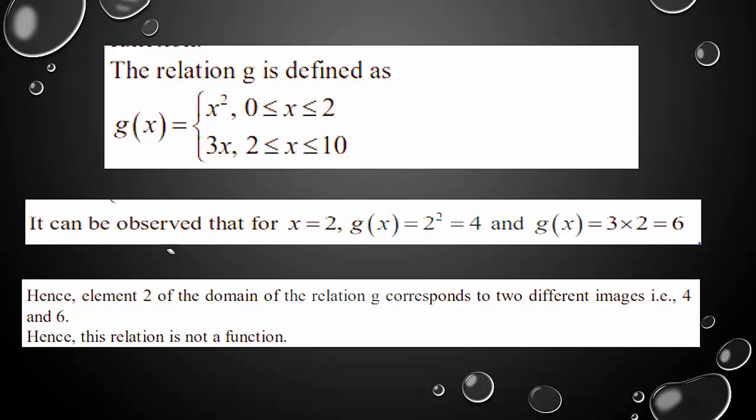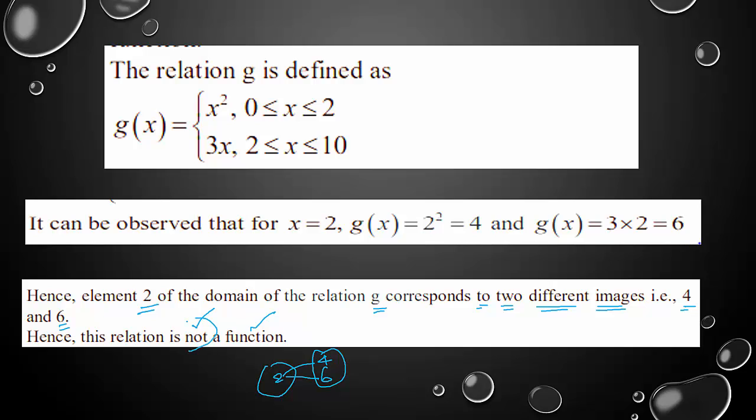See here. Hence, element 2 of the domain of the relation g corresponds to two different images, that is 4 and 6. That means 2 has two different images, one is 4, another one is 6. Hence this relation is not a function.